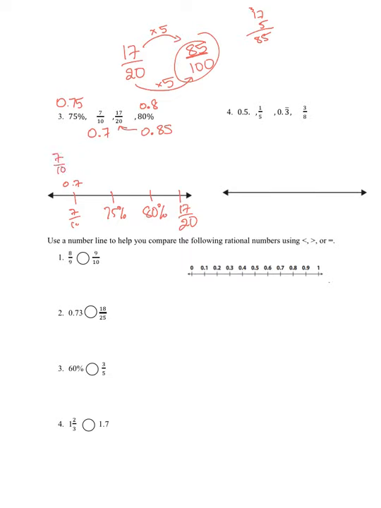7 over 10 is less than 75%, 80%. The biggest number is 17 over 20. Number 4, I want you to pause the video and try it on your own. Okay?